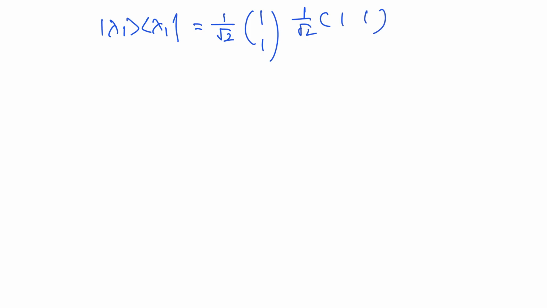What about the outer product? Lambda 1, lambda 1. Let's do some practice. Lambda 1 is 1 over square root of 2, (1, 1). So it's 1/2, you just multiply this, 1, 1, 1, 1.